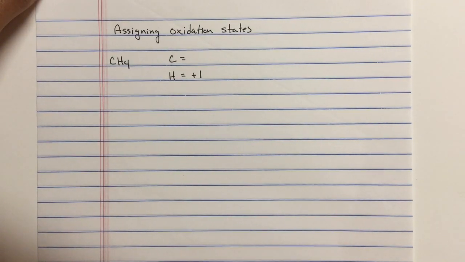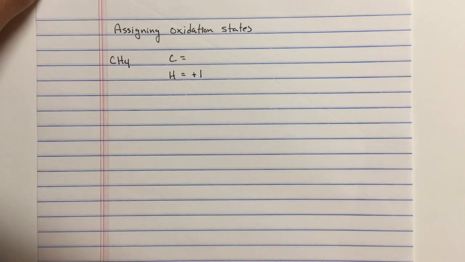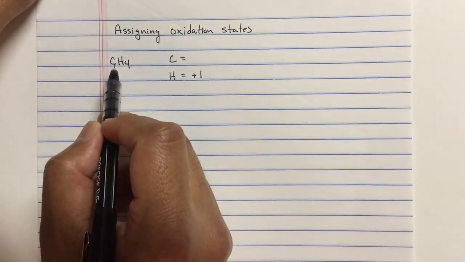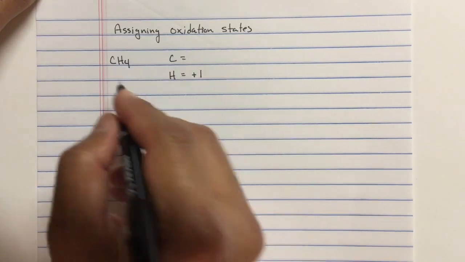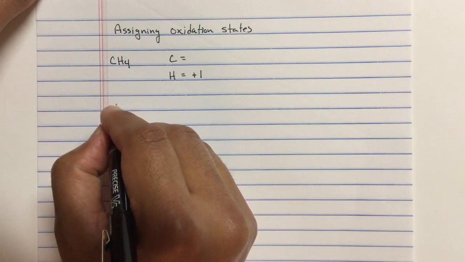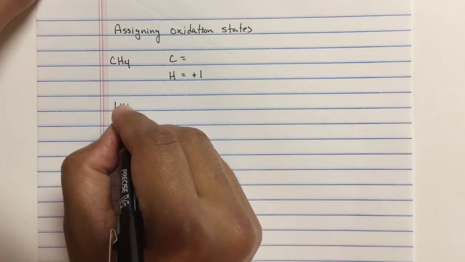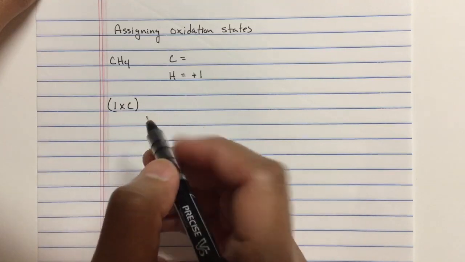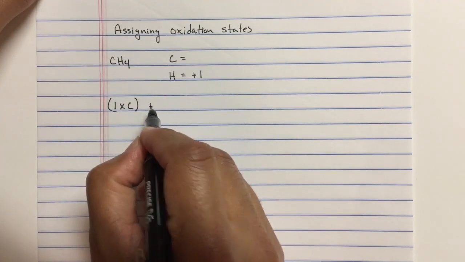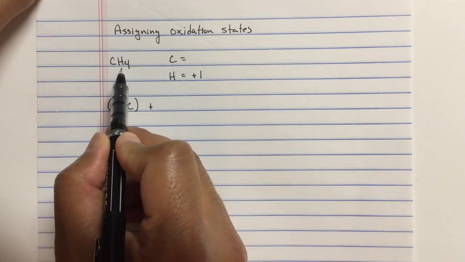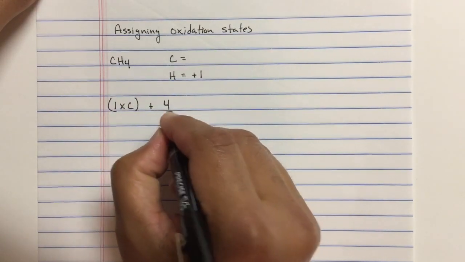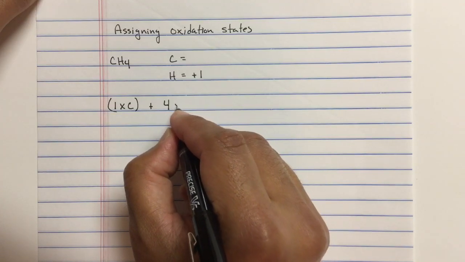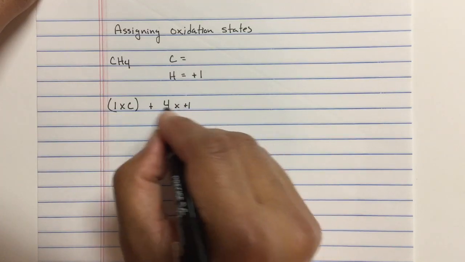So carbon, we need to go find the oxidation state for carbon. Let's use this rule: the sum of the oxidation states should equal 0. There's 1 carbon atom, so I'm going to write 1 times carbon. We're going to add 4 hydrogen atoms, and each hydrogen atom has a +1 oxidation state.